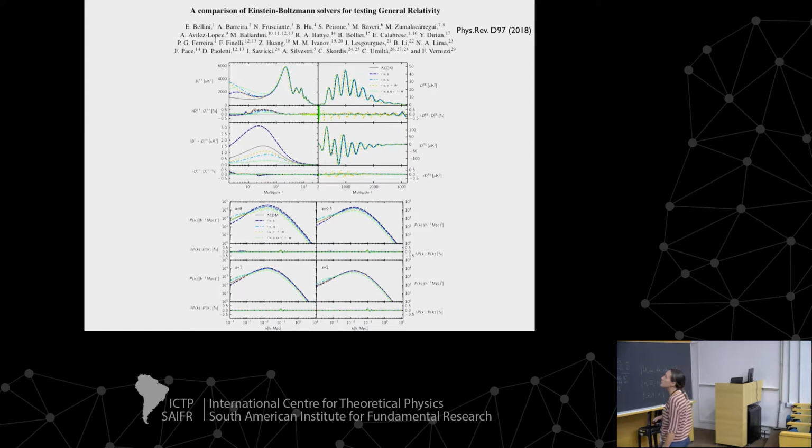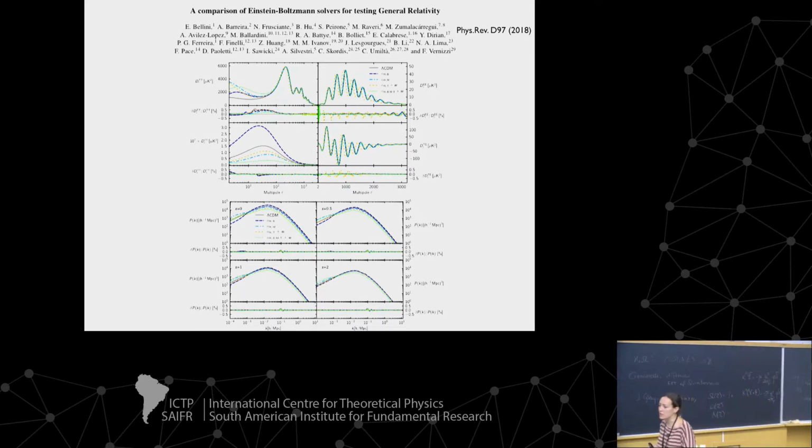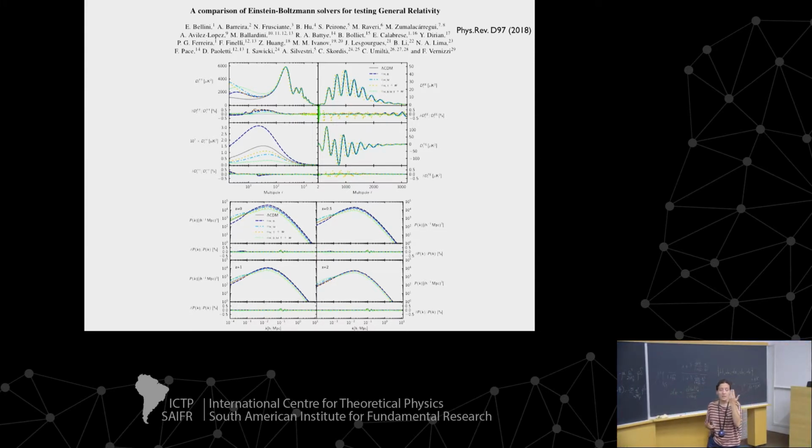This is the code comparison that I mentioned. It was part of our effort in Euclid, in the theory working group, because in particular in the work package that deals with testing gravity, we wanted to make sure all these codes are reliable. So we went to this comparison that involved hi_class, EFTCAMB and many other model-specific codes.